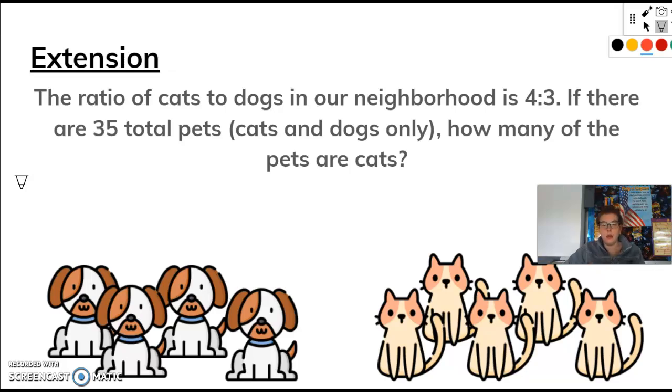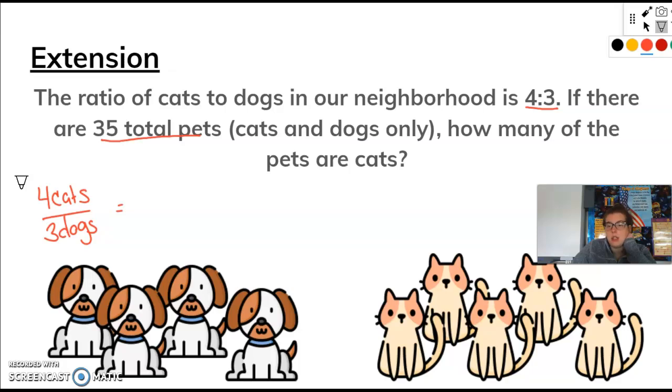Well, let's think about this. We have 35 total pets, and we know our ratio is 4 cats to 3 dogs. So I'm going to write that down here. So 4 cats to 3 dogs. Well, the first thing I got to figure out is, well, if I have 4 cats and 3 dogs, what's my part to whole ratio for cats to total pets?